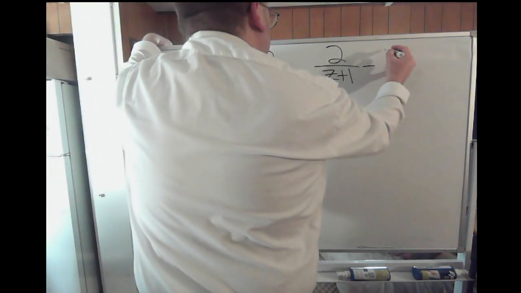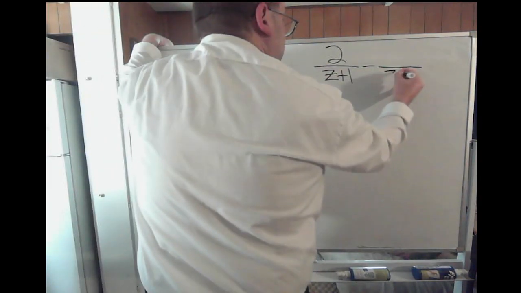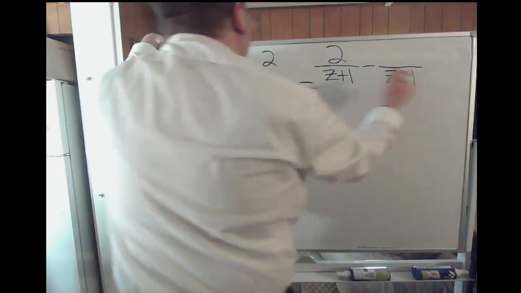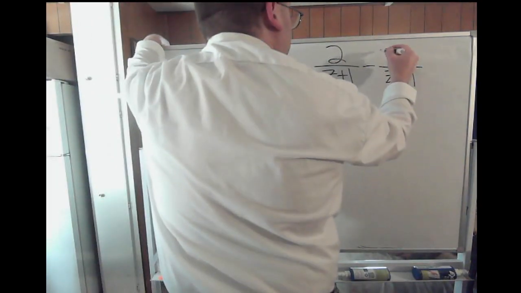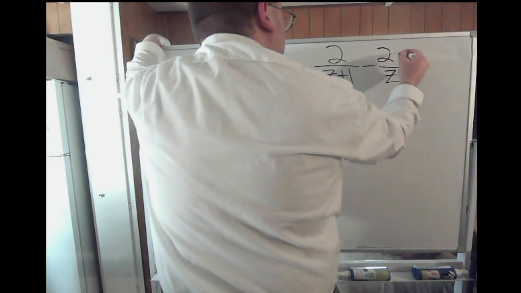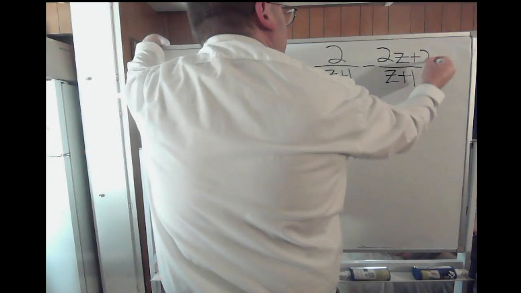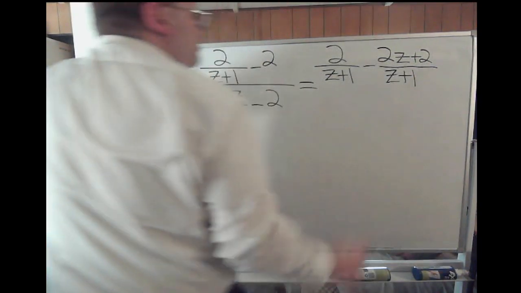Now, that denominator of 1, you multiply it by z plus 1 to get said denominator, but you got to multiply that 2 times z plus 1. 2 times z plus 1 is 2z plus 2. I'm just saving us a little bit of work here.